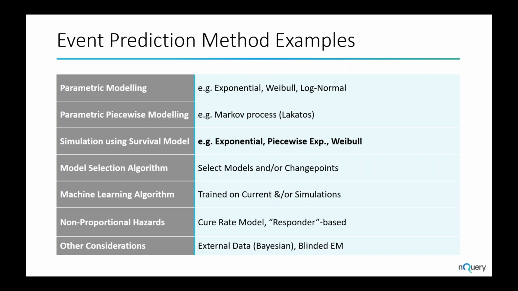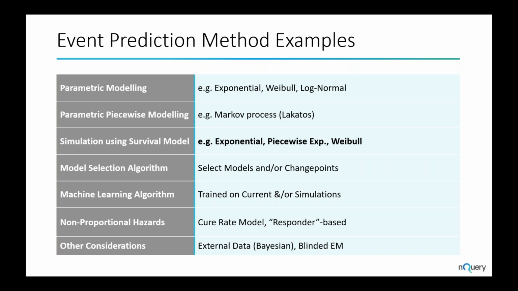Here we're talking about your standard exponential or Weibull model, or then there's also piecewise parametric modeling like the non-stationary Markov process, which forms the basis of many survival sample size calculations. But again, the most common and flexible approach would be simulation via a survival model like exponential, piecewise exponential, or log normal. That's what we're going to be focusing on today.